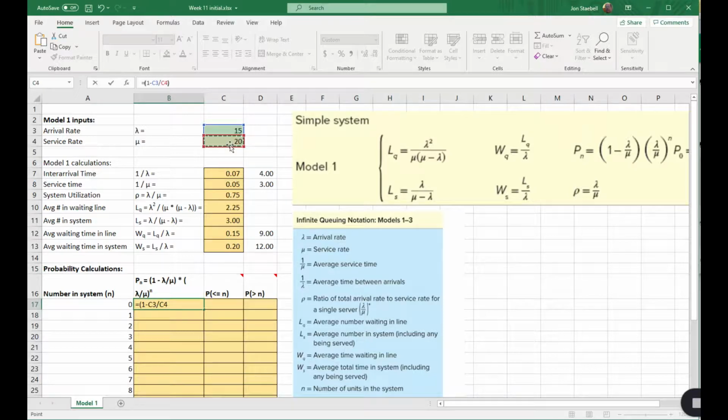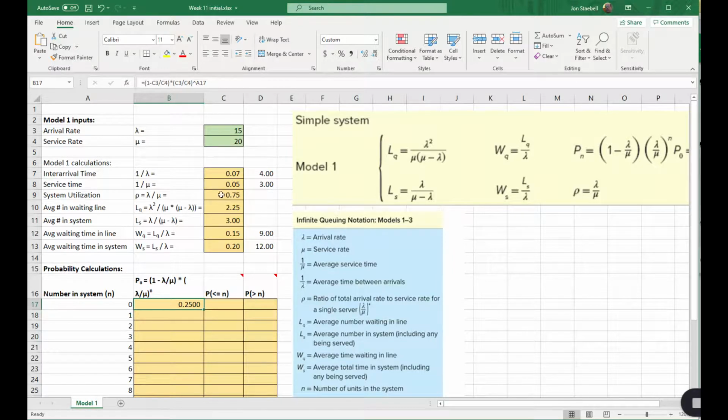So that quantity times the quantity lambda divided by mu to the power of whatever number we're looking at here. So that's cell A17. So what we're saying here is the probability that there are 0 people in the system is 0.25 or 25%.